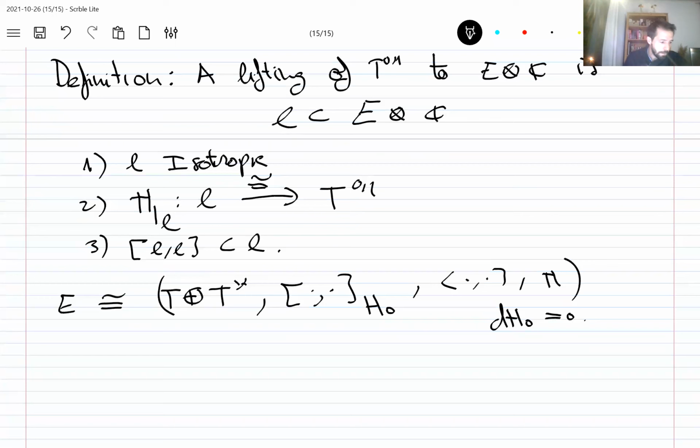Then one can see that conditions 1 and 2 are equivalent to L being the B-field transformation of the tangent 0-1.